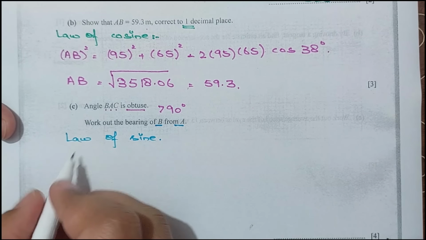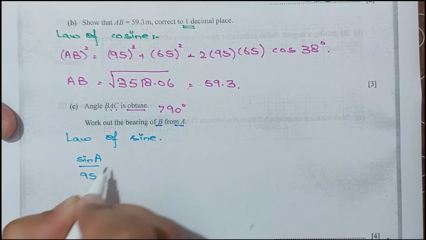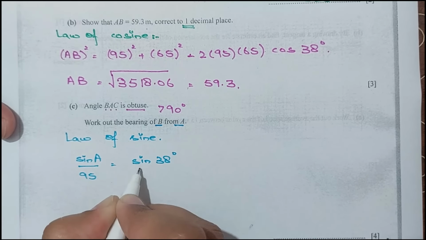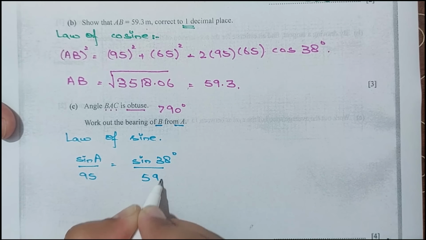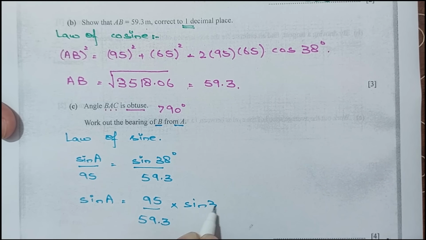We can say sine of A over its front side 95 equals sine of angle C, 38 degrees, over its front side 59.3. Let me solve for angle A, which is 95 over 59.3 times sine of 38 degrees.